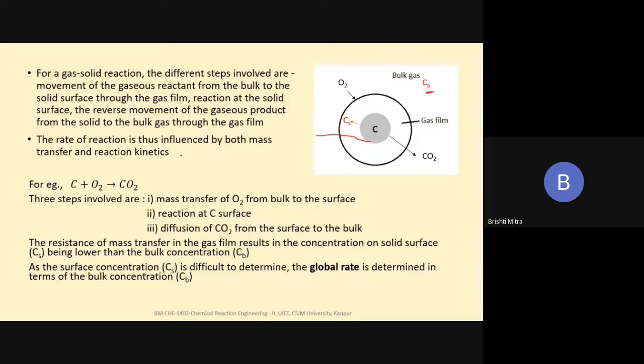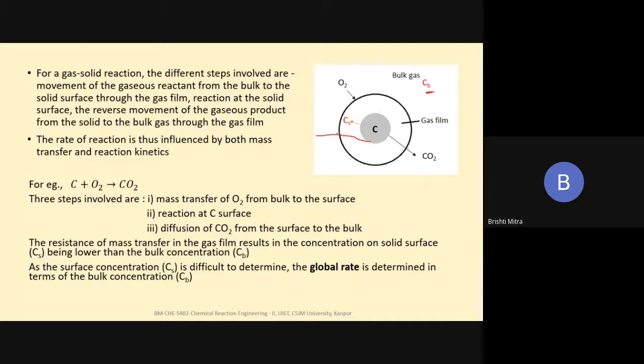So let us look at this example and see what happens. This is a piece of carbon which gets oxidized with oxygen. In the bulk we have the concentration of oxygen, and this oxygen travels from the bulk through the gas film and reaches the surface of the carbon. When it reaches the surface, the concentration is Cs, and the bulk concentration is Cb, with Cb being greater than Cs.